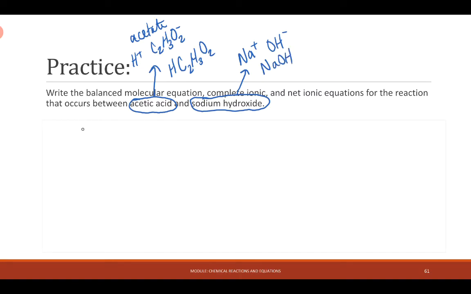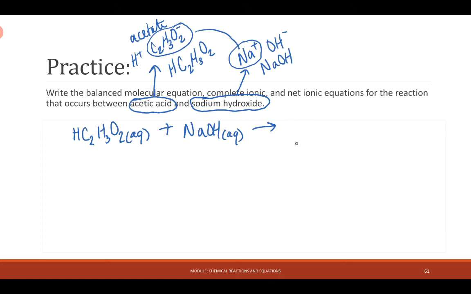So if I write this out, I have my acid, HC2H3O2, aqueous, plus my base, NaOH, aqueous, and then that's going to become a salt of sodium and acetate, and so that's sodium acetate, and that's going to be aqueous according to my solubility rules.